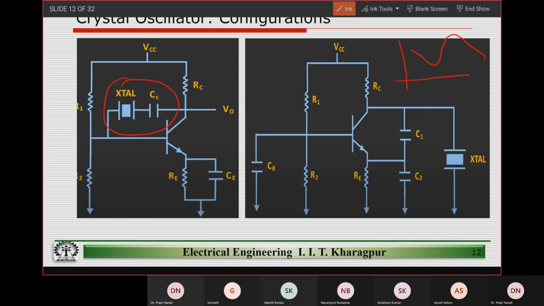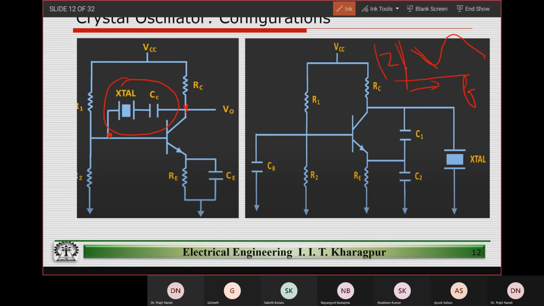As we increase the frequency, with F on this axis and the impedance Z of the crystal, the impedance starts falling, which means the feedback factor from this node to this node changes as the frequency increases.